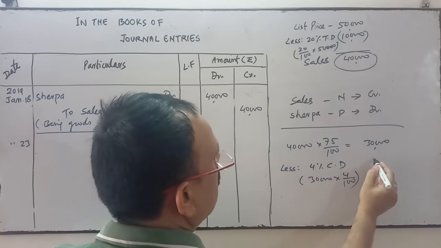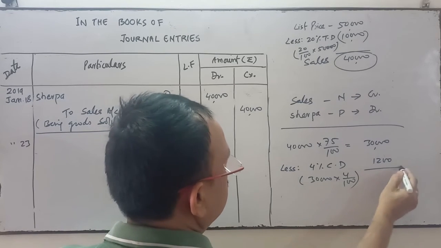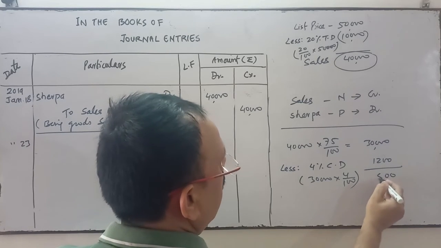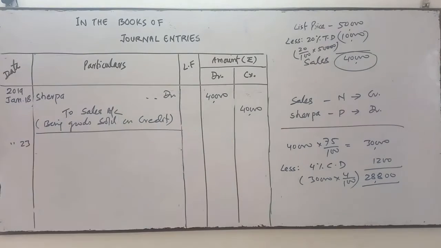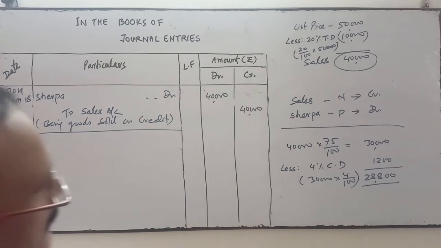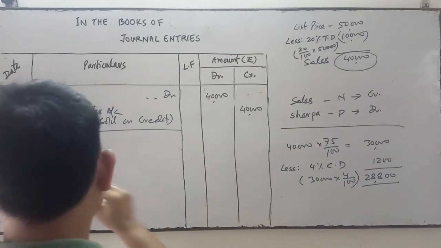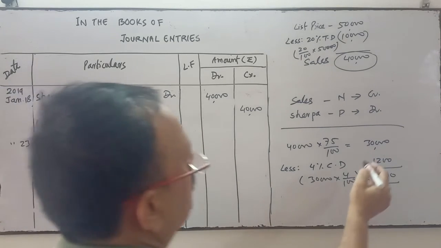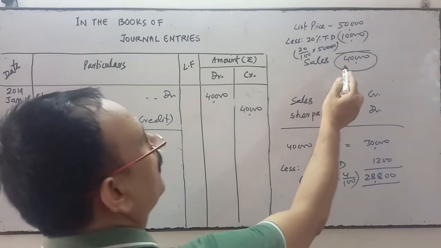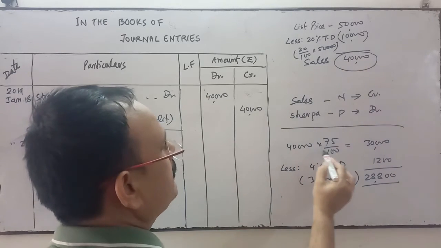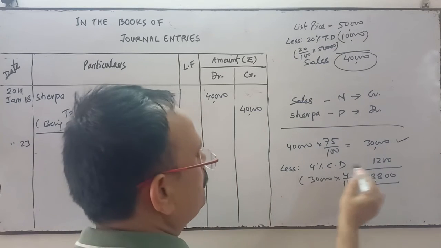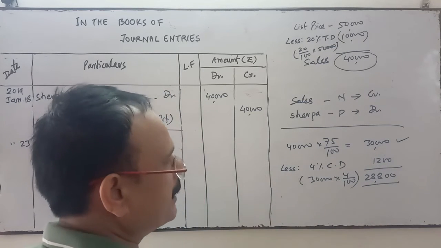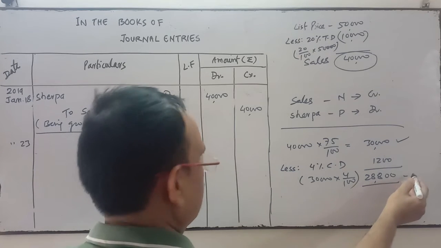It is 1,200. So 28,800. So here in the second transaction on January 23rd, of this 40,000, 75% amount is paid. 75% is 30,000 less 4% cash discount as per the terms and conditions. So finally this much amount.